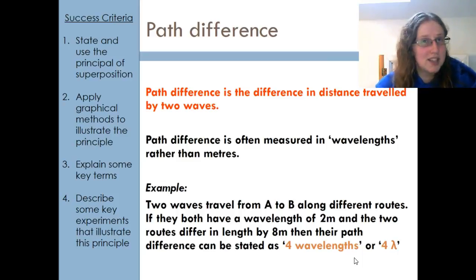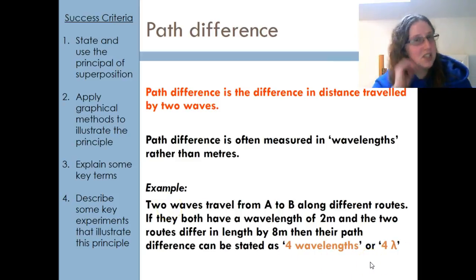In some ways that's a lot simpler because we've already talked about path difference, but we could apply it here as well. If these two waves started off in phase and travelled a whole number of wavelengths, then when they reach their destination they would also be in phase. It amounts to the same thing really. Just make sure you either talk about one or the other. Don't mix and match.